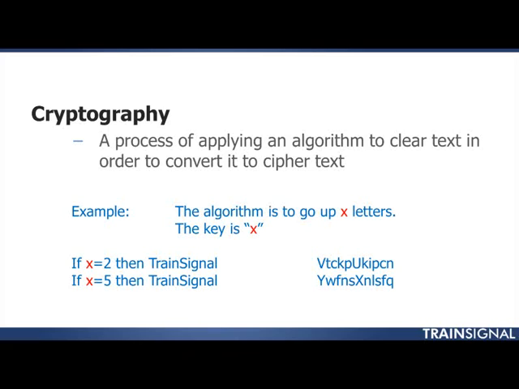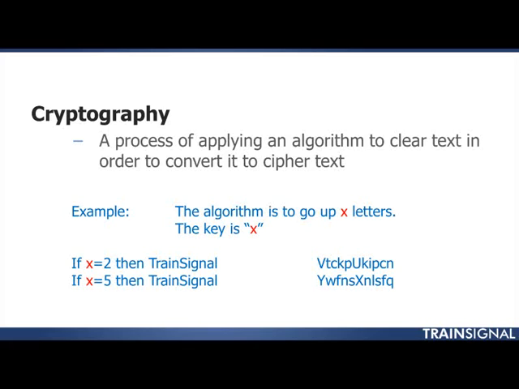Now there's another term you need to be familiar with, and that is something called a key. Typically there'll be an algorithm and a key in cryptography. The algorithm is go up X letters. The key is X. We replace the letter X with our key.